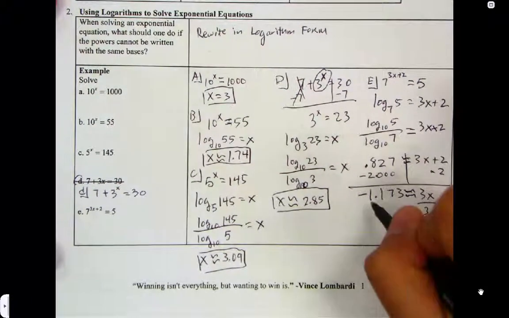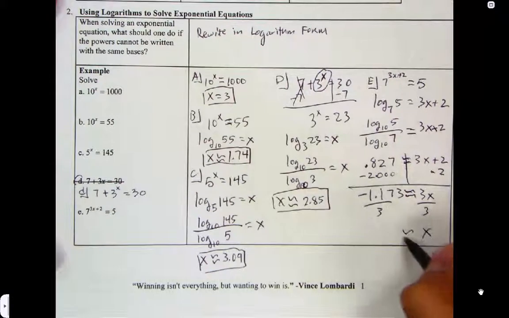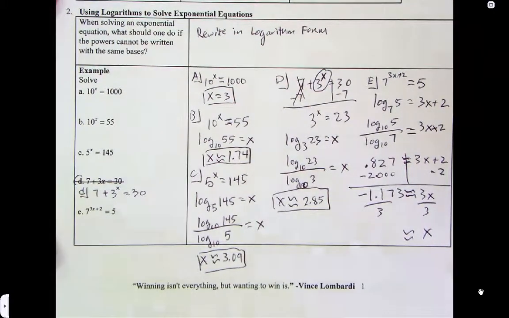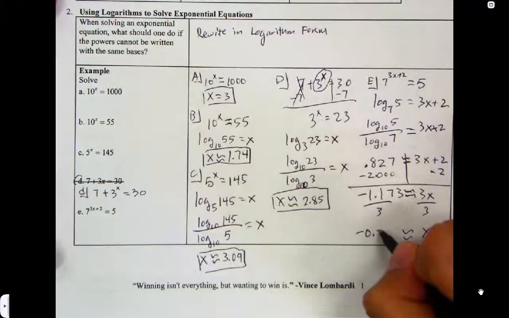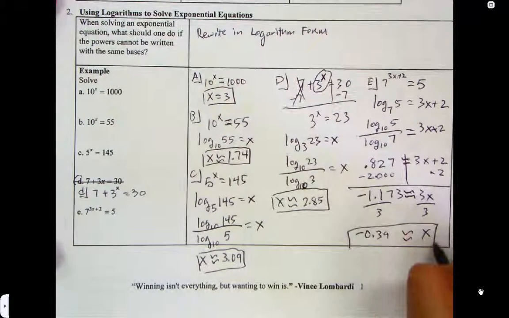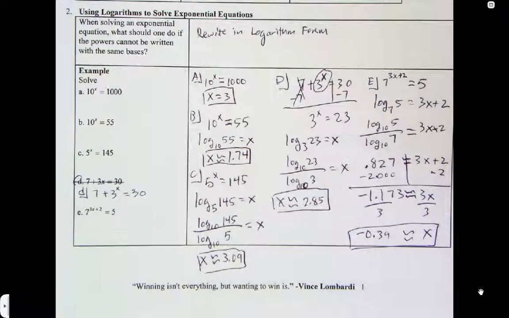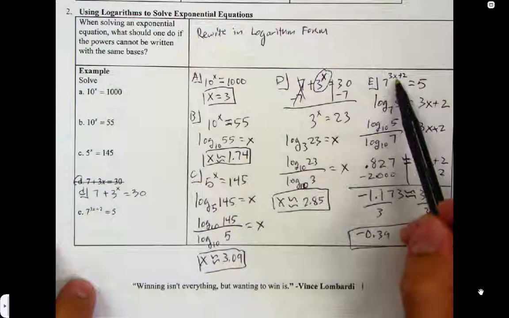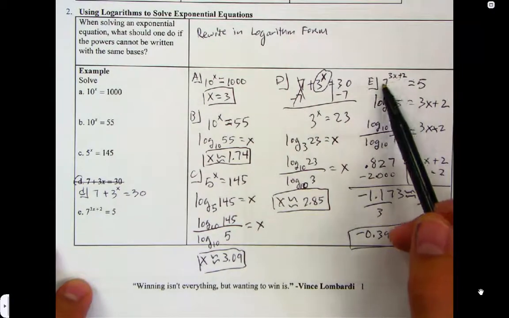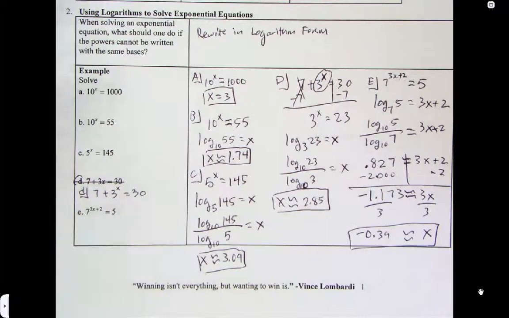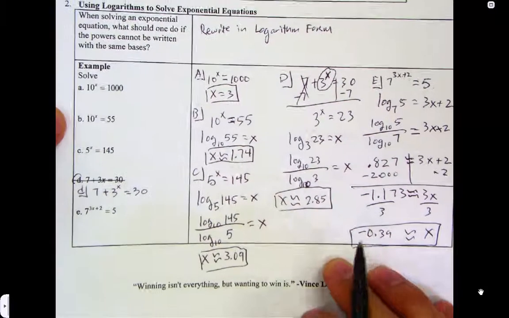Divide by 3, and x is approximately negative 0.39. And that's my answer. So that means if I plug that into the exponent and times it by 3, add 2, and I take it 7 to that power, it's going to be pretty close to 5. Alright, moving on.